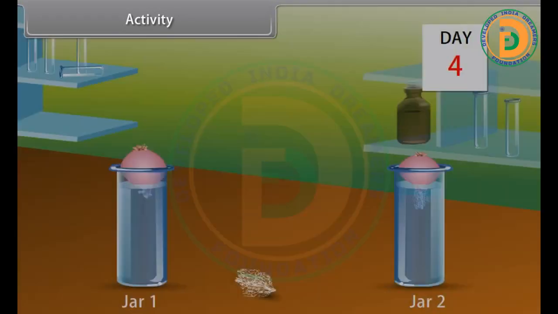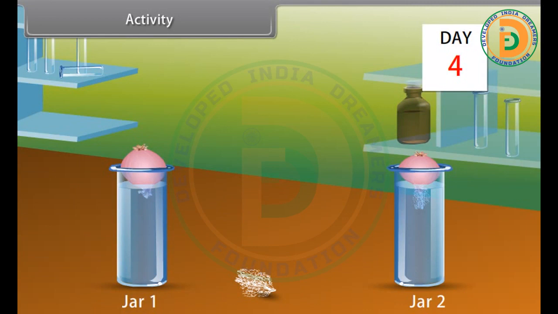Then again, place it on the jar. On the 5th day, we will again measure the root length. On the 5th day, we find that the growth of roots in my jar has stopped. Yes, this activity proves that growth of plants occurs only in certain specific regions because the dividing tissue, also known as meristematic tissue, is located only at these points.